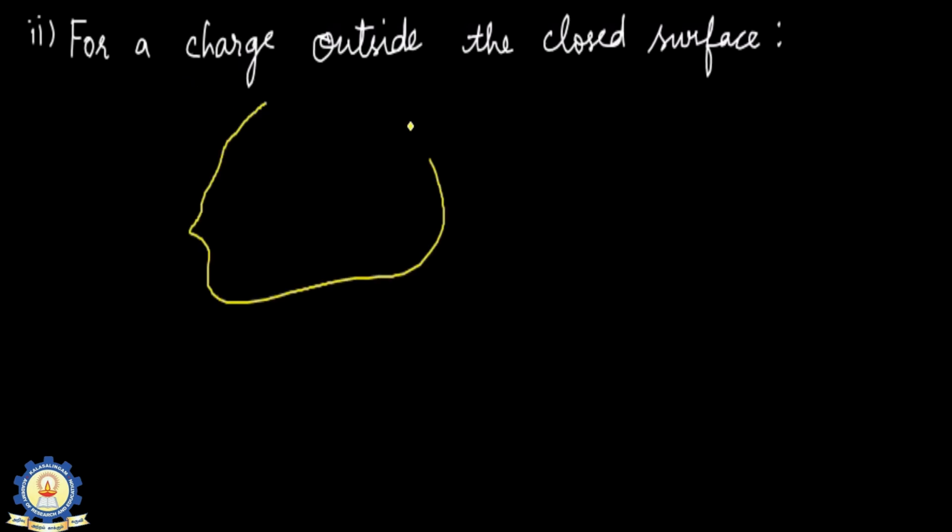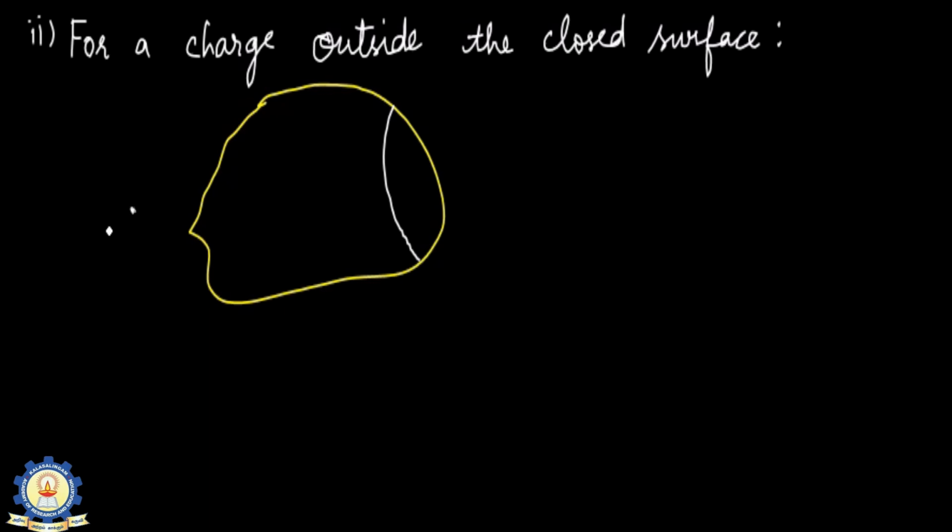Now let us move into case 2, for a charge outside the closed surface. Here too we consider a similar situation, in which we consider a surface with plus q charge situated at point O outside the closed surface.